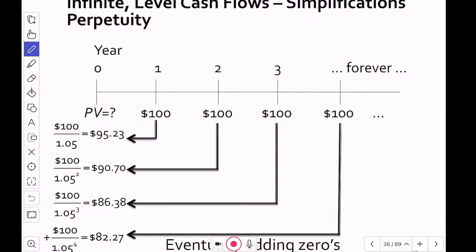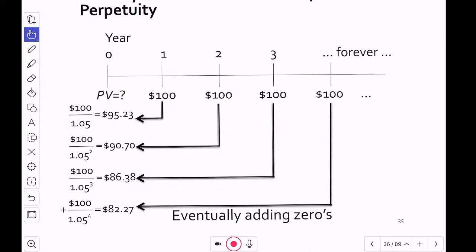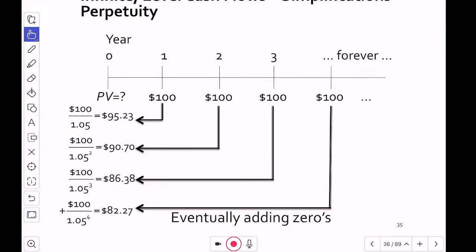Okay, so we solve this one. So how does it work? How does an infinite amount of money become just $2,000? That's the thing I want to talk about right now. Infinite cash flows end up with a value of $2,000 today. How is that possible?